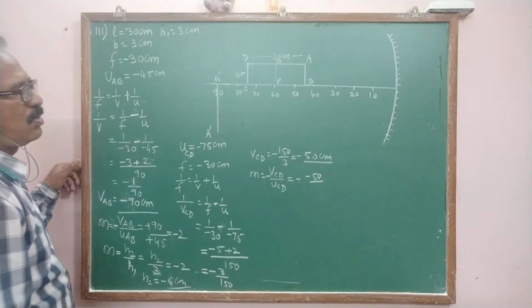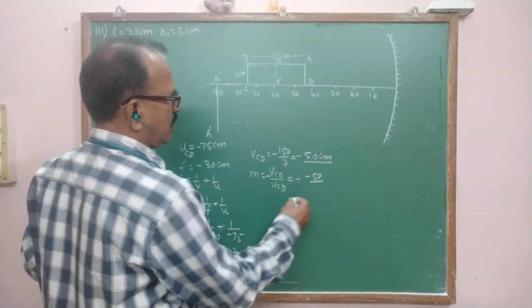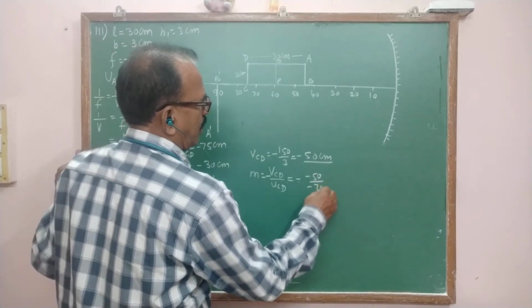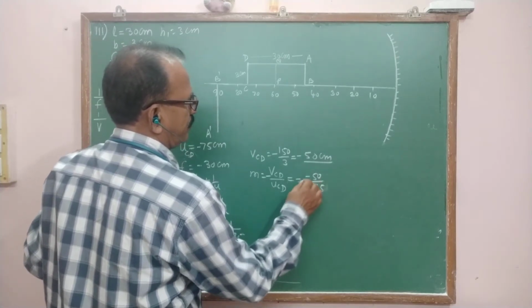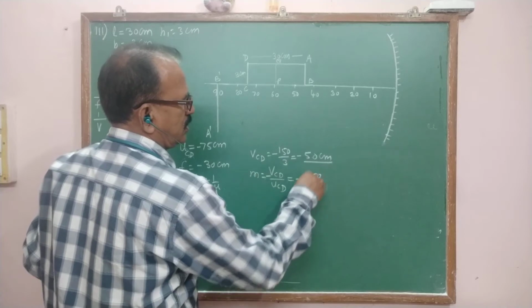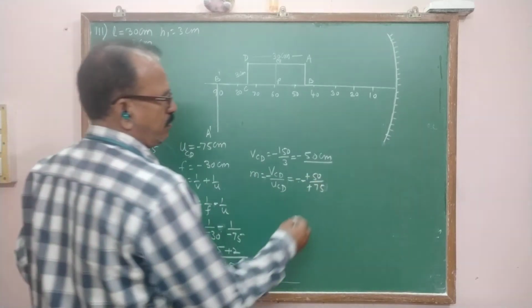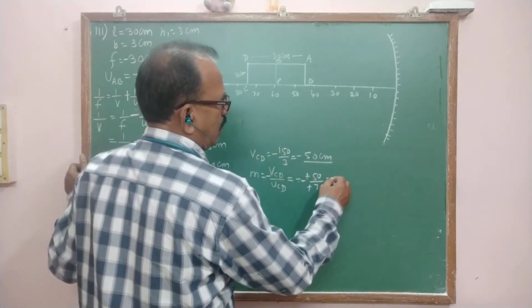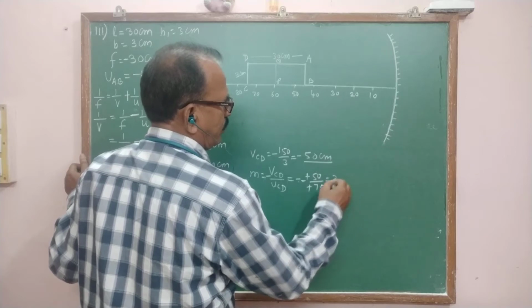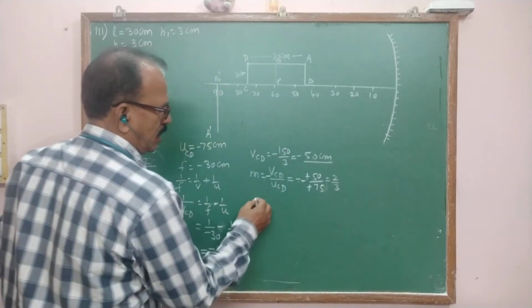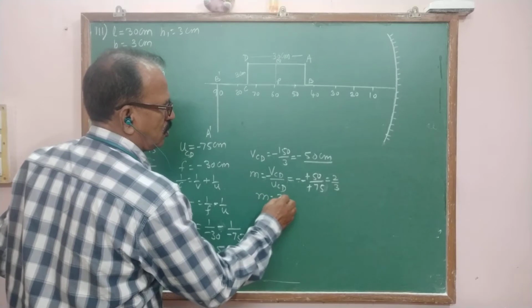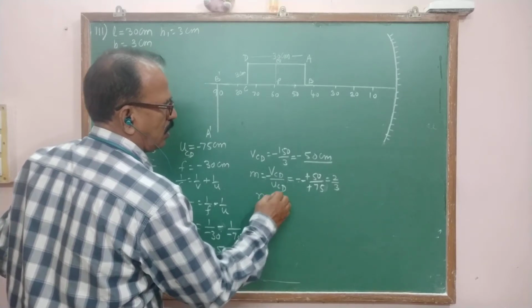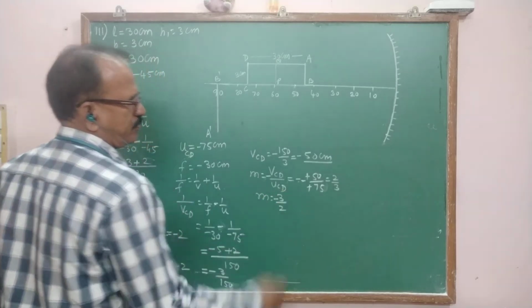That will be equal to minus 75. Again the minus sign is there, so this gets cancelled out. This will be equal to 2 by 3. So M is equal to 2 by 3.